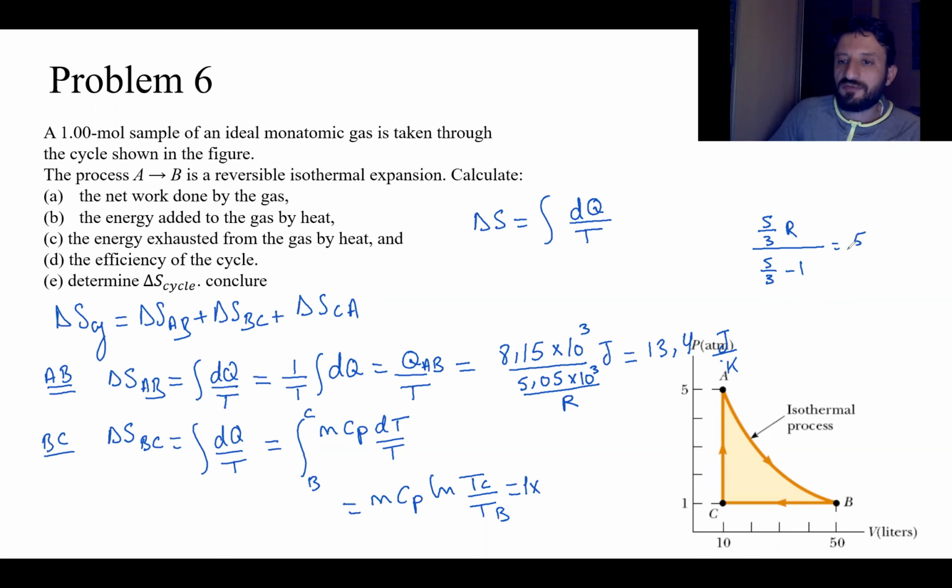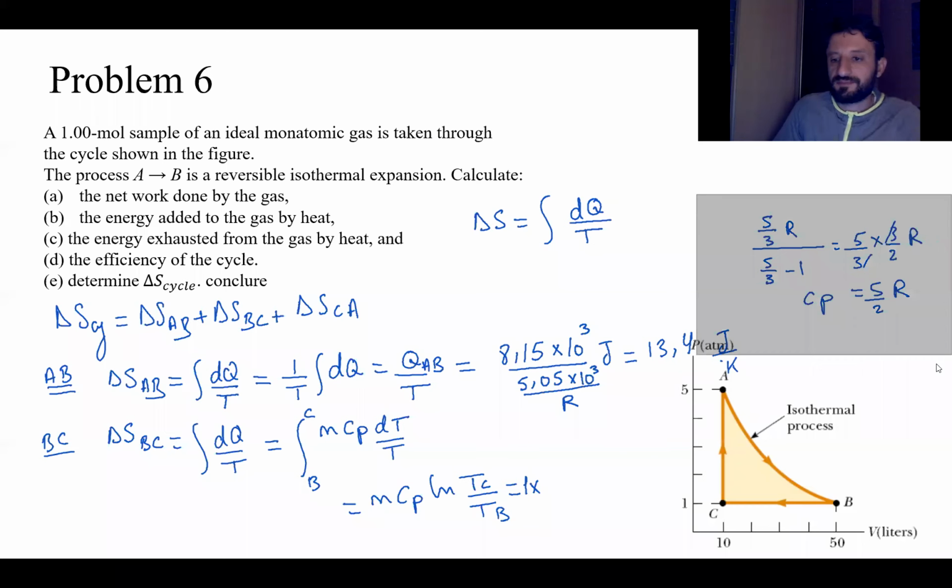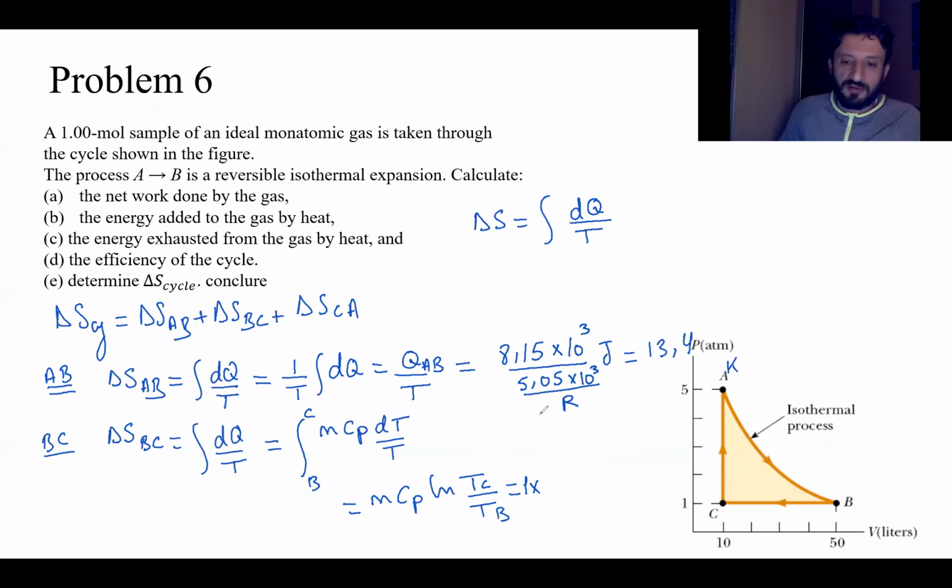We can say 5 over 3 times 3 over 2 R. We get 5 over 2 R. This one is Cp. So we have 5 over 2 R, which is 8.31, times ln of TC divided by TB. We have the value here.